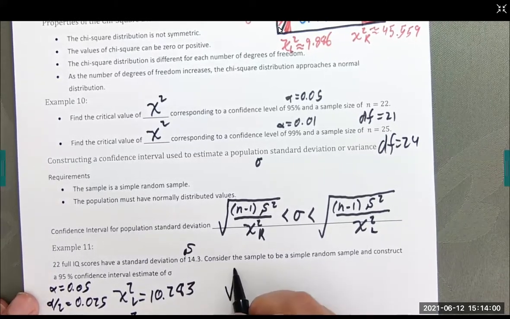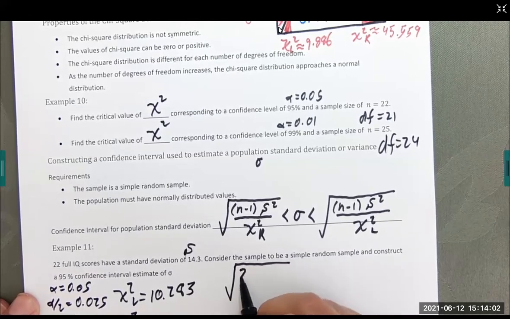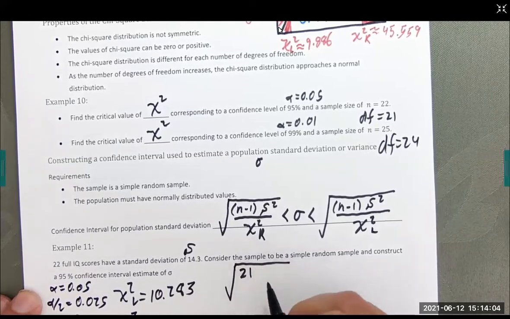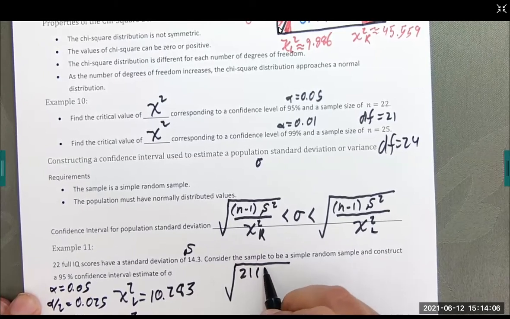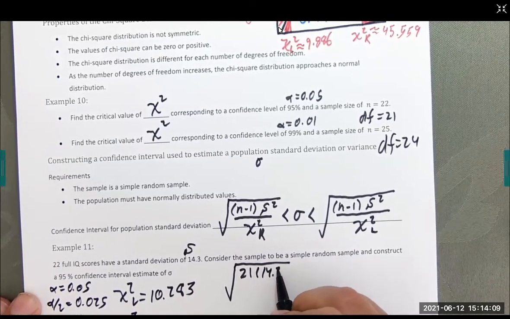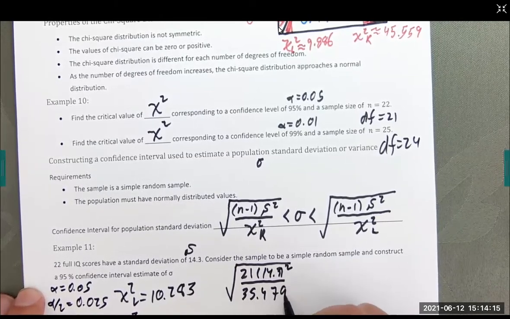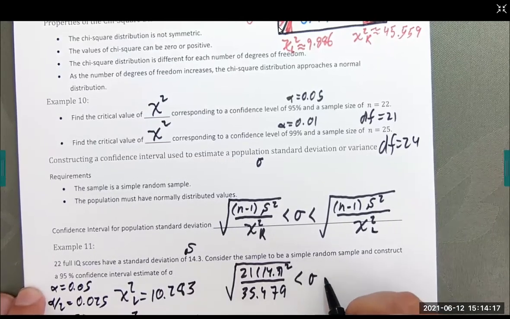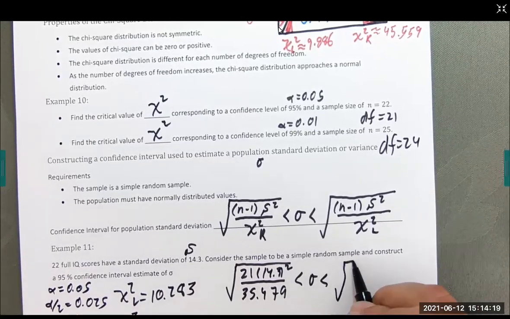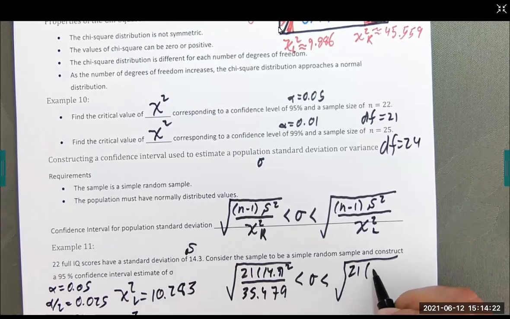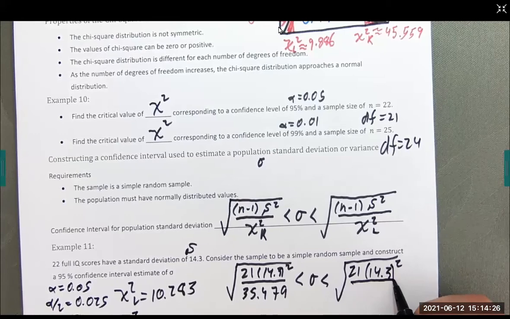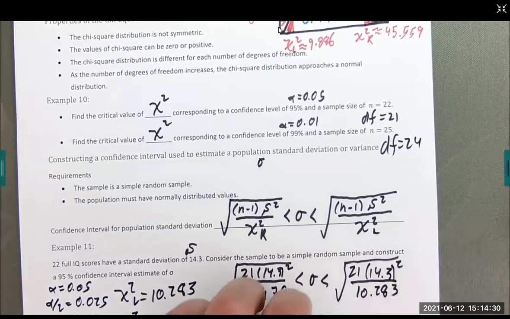So this is the square root of 21, right? 1 less, n minus 1, times 14.3 squared over chi-squared right, that's here, 35.479. And here we have 21 times 14.3 squared over chi-squared left, which is 10.283.